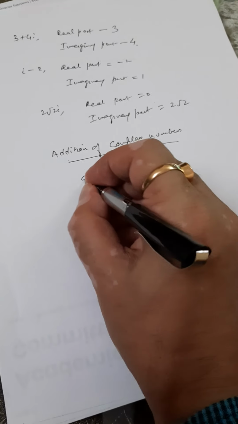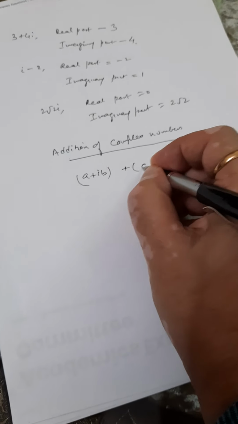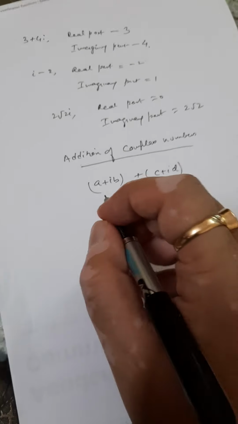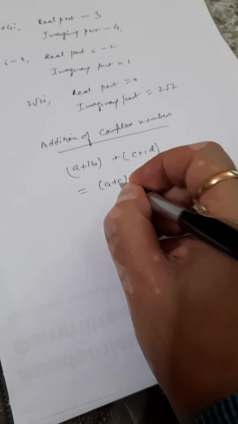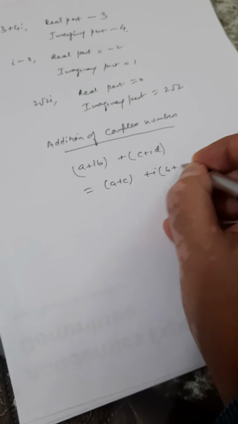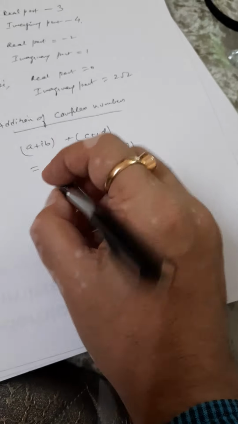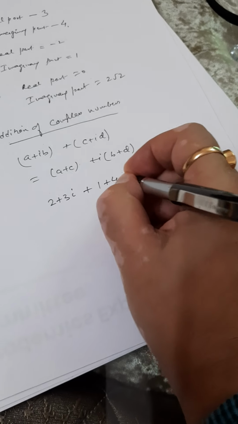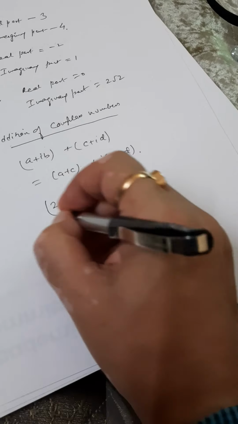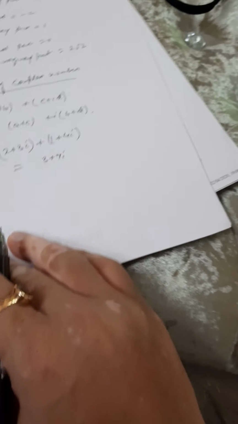Now we have the addition of complex numbers. If I take two complex numbers a plus iota b and c plus iota d, the addition is the addition of the real parts plus the addition of the imaginary parts. So 2 plus 3 iota plus 1 plus 4 iota is 3 plus 7 iota.